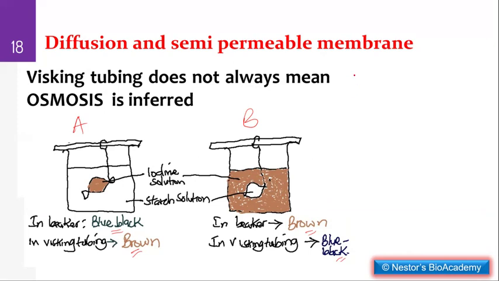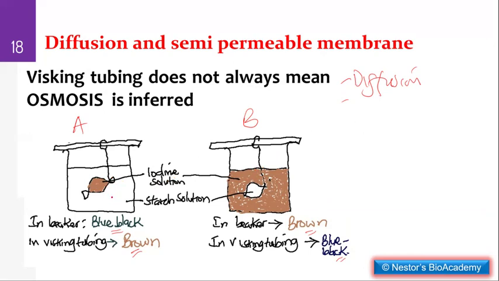This is a case of diffusion across a semi-permeable membrane. If you look carefully, you realize iodine molecules are in the Visking tubing, so they're at a higher concentration here, and the starch molecules are at a higher concentration in the beaker.